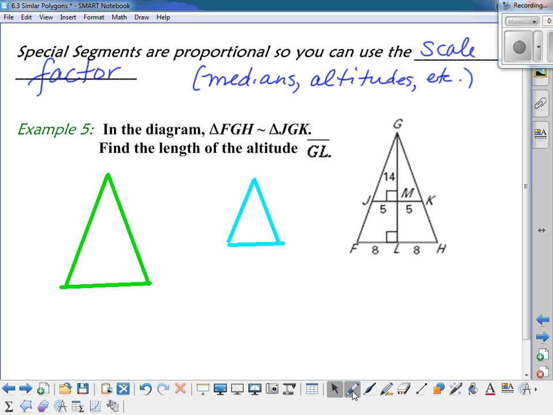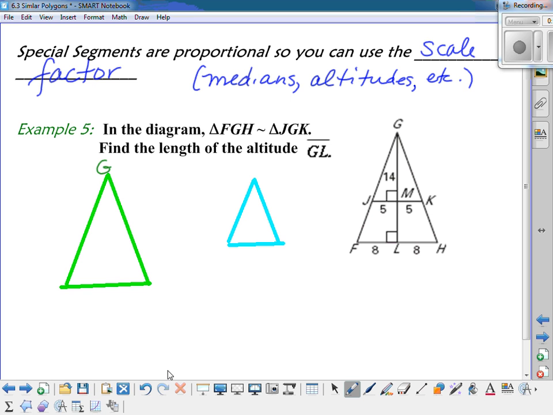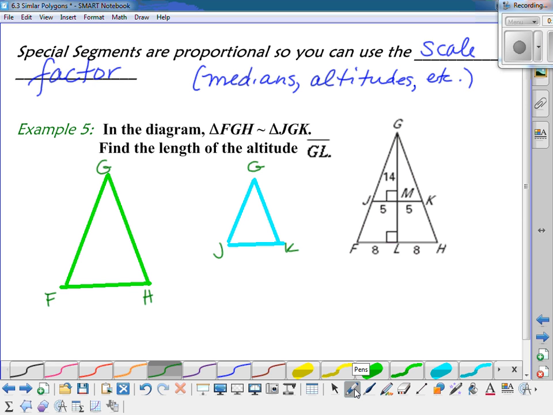Alright, so labeling those, these are both angle G, but here I've got F and H, and here I have J and K. And then I've got their altitudes.